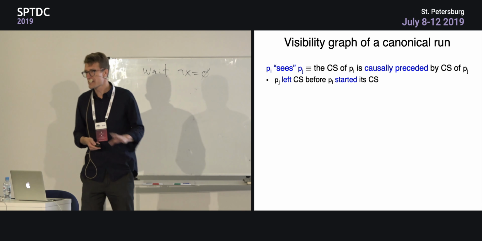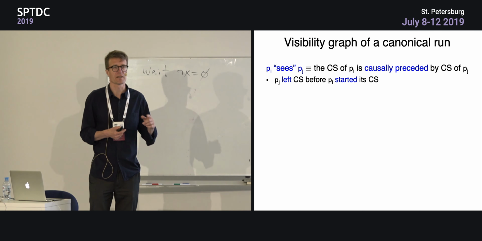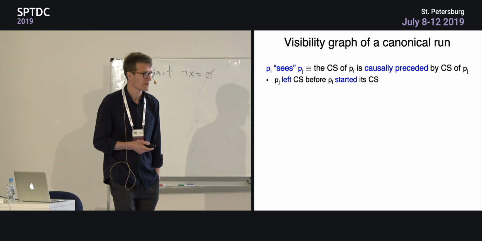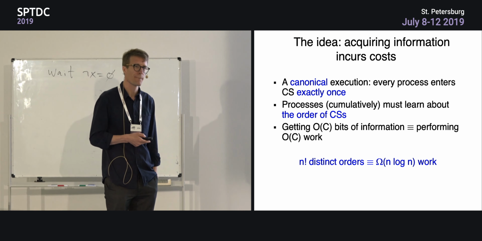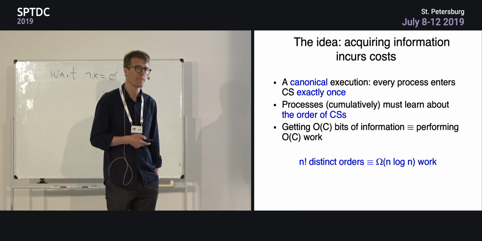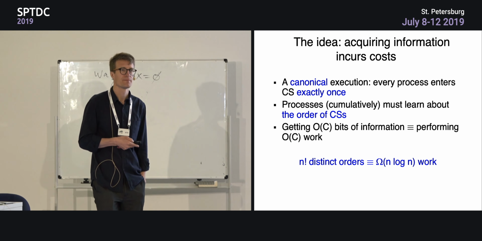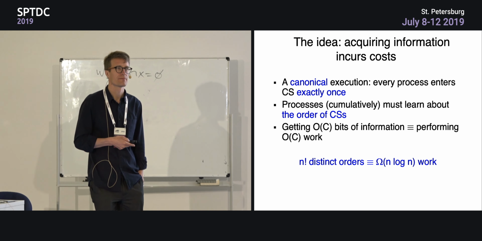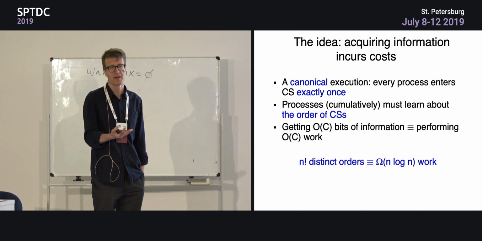So here, first thing about the visibility, what I said, you should be able to see who was in the critical section before you. Yes? No, you see, our goal is not, I don't know what you mean by result.